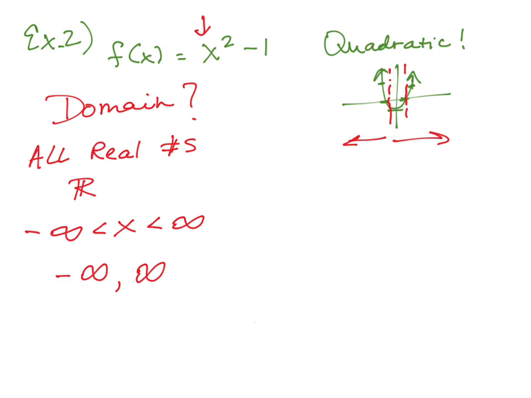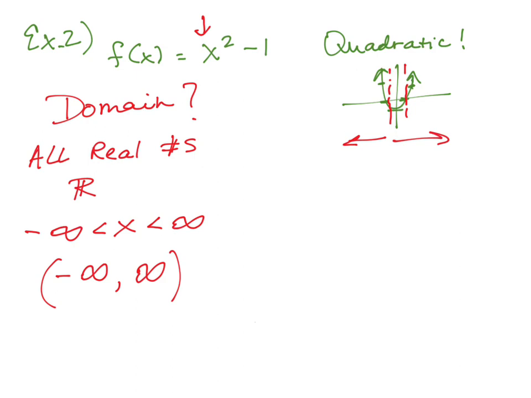Parentheses or square brackets. If it's not touching at that point, we use parentheses. So since this one did not include negative infinity and positive infinity, can't actually touch there, then we have parentheses on our brackets. Everybody okay with that?